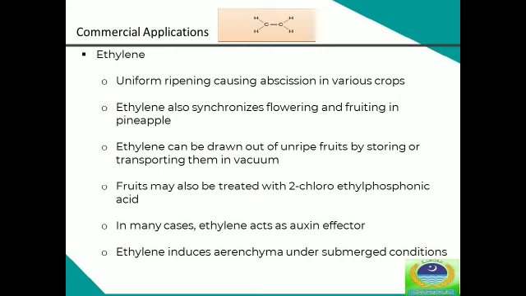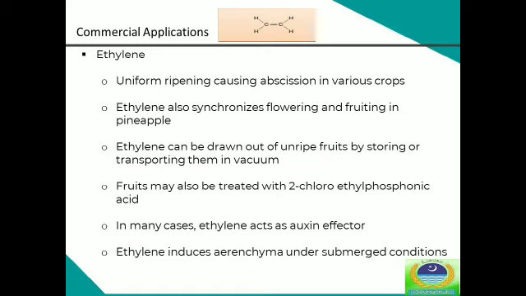For example, for uniform ripening, which causes abscission in various crops, including cotton, cherry, walnuts. So we can apply ethylene for uniform ripening in these crops, and they will ripen at the same time.